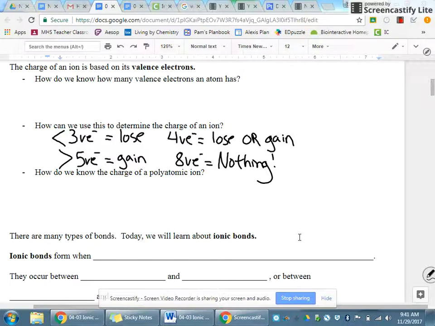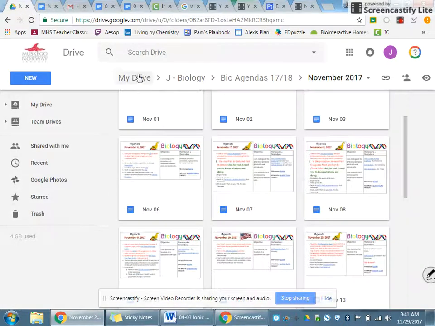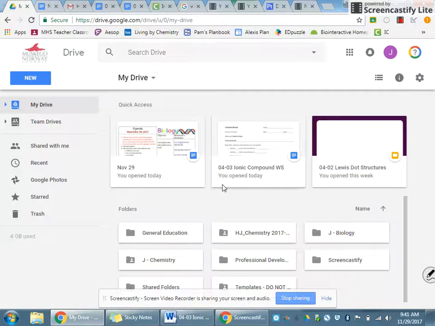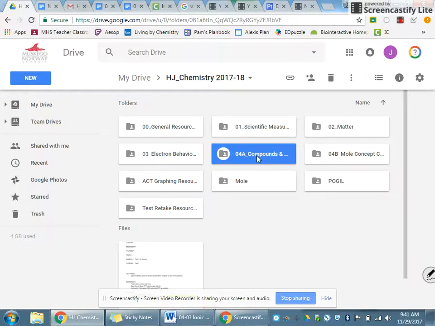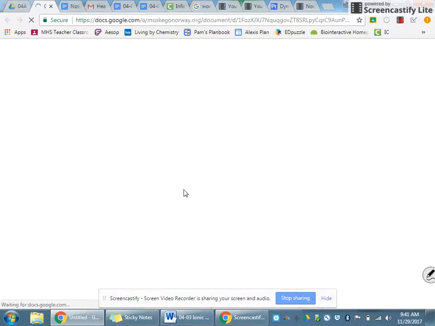All right, so how do we know the charge of a polyatomic ion? Well, I wish I had it pulled up now that I think about it. You should have received a sheet. This sheet right here.